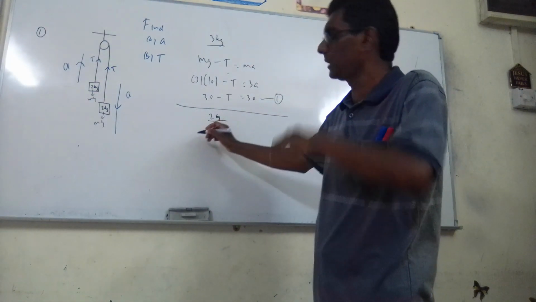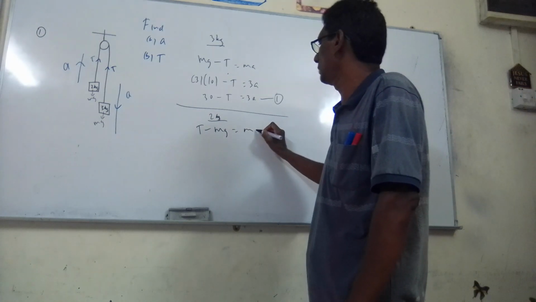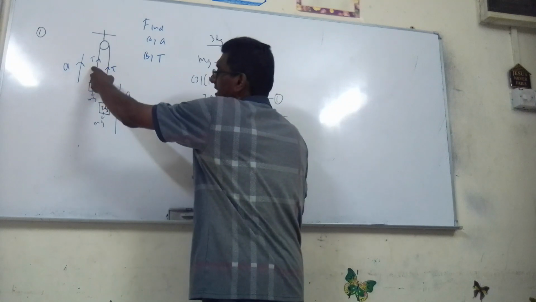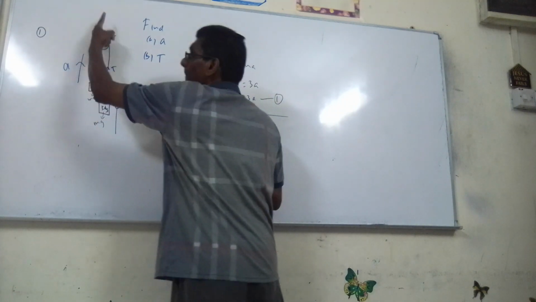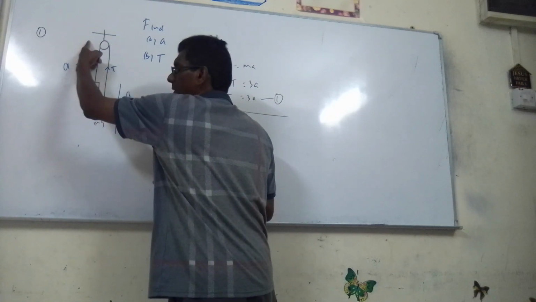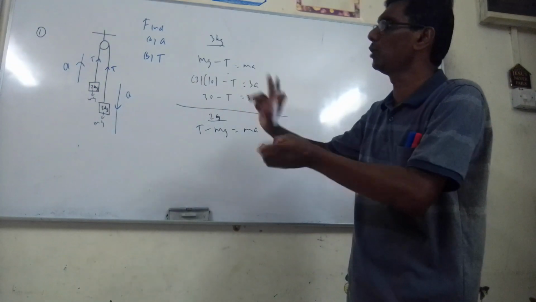So the equation is T minus mg equals ma. T minus mg, because T is the greater force pulling up as the 2 kg object goes up, and mg is trying to pull down. These are two forces of opposite direction.